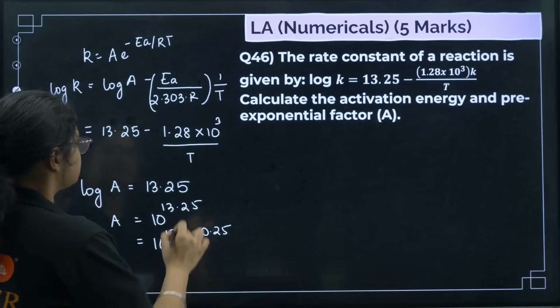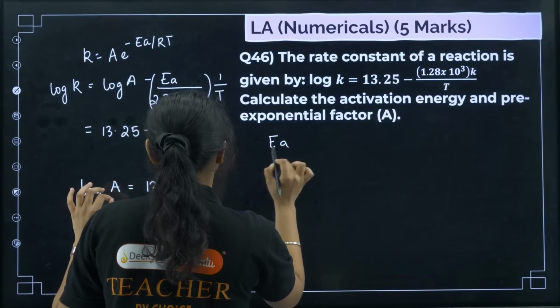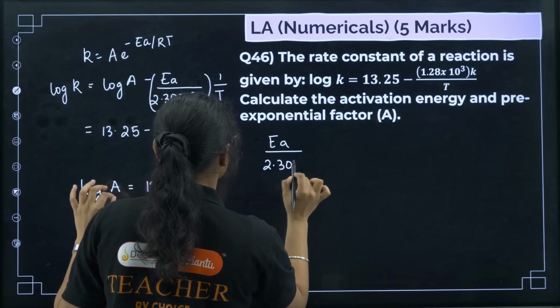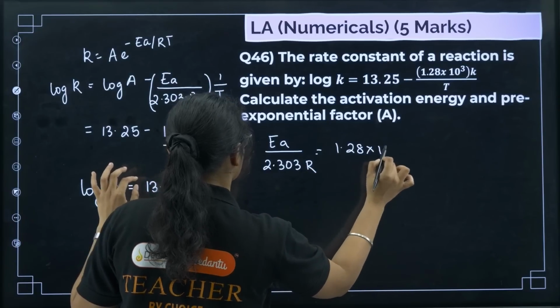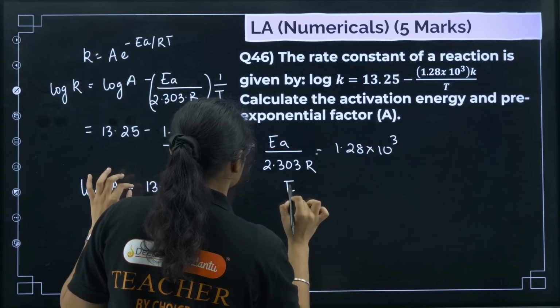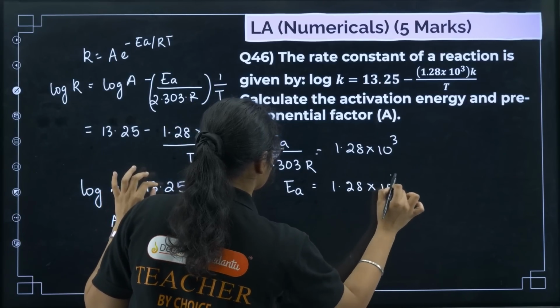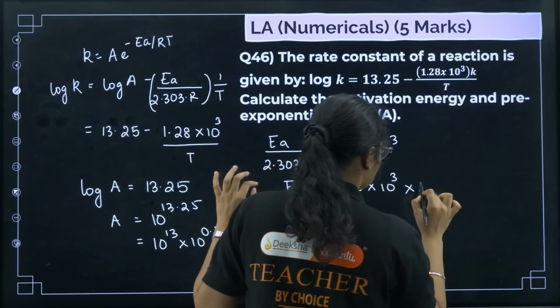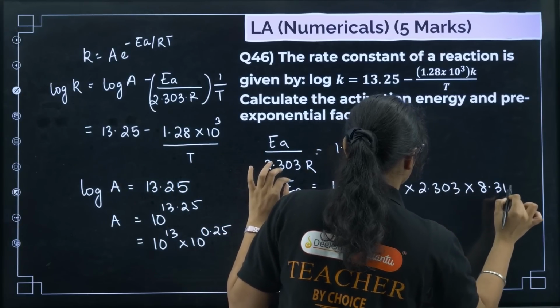Okay, next coming to this part, so I can write that EA by 2.303 R will be equal to 1.28 into 10 to the power of 3. What is the value of EA? That is equal to 1.28 into 10 to the power of 3 into 2.303 into R, which is 8.314.